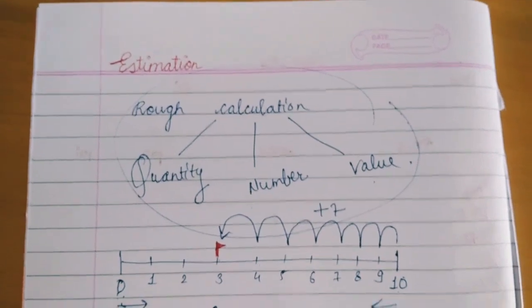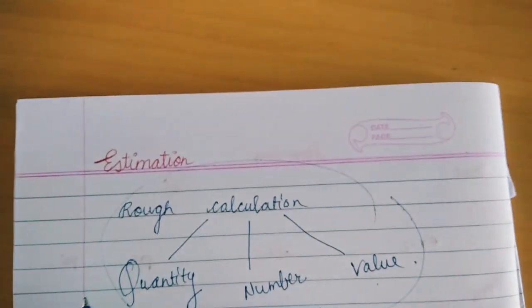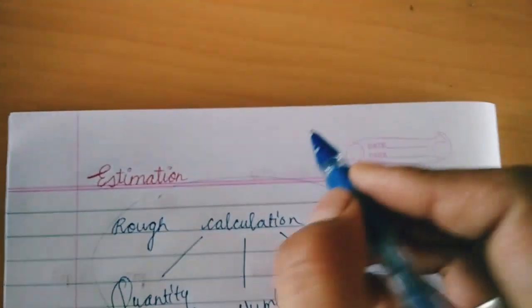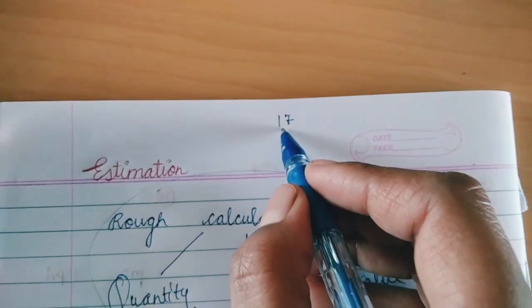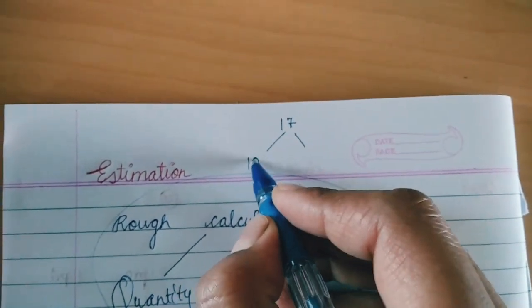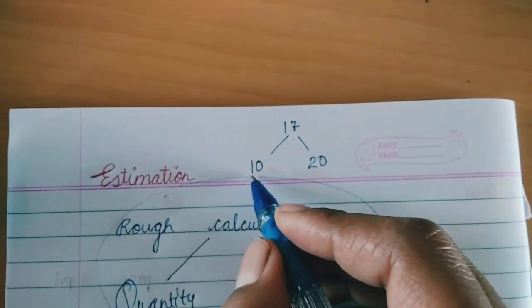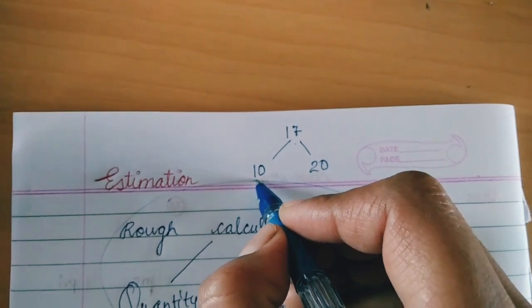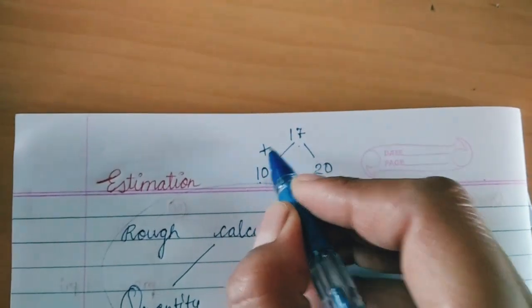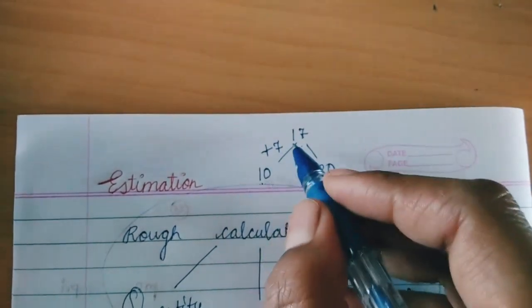So this estimation can also be considered as rounding off. Rounding off means we have to round off the figures. Like if we have 17, so 17 is coming in between 10 and 20. When we look from 10, it is 7 more than 10.